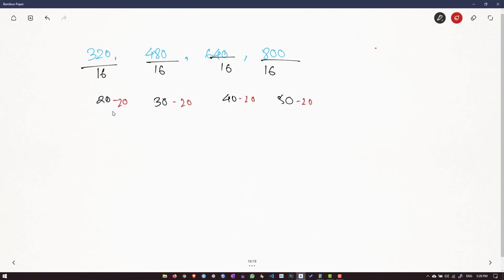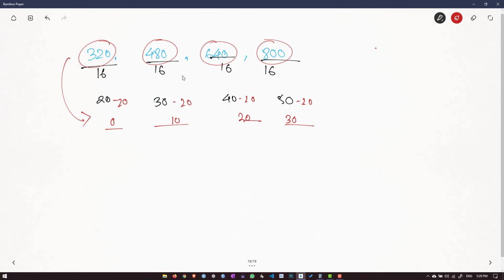So the data set is 0, 10, 20 and 30. Now the calculation on 0, 10, 20 and 30 will take less time obviously compared to 320, 480, 640 and 800. So this is how we reduce the data set.